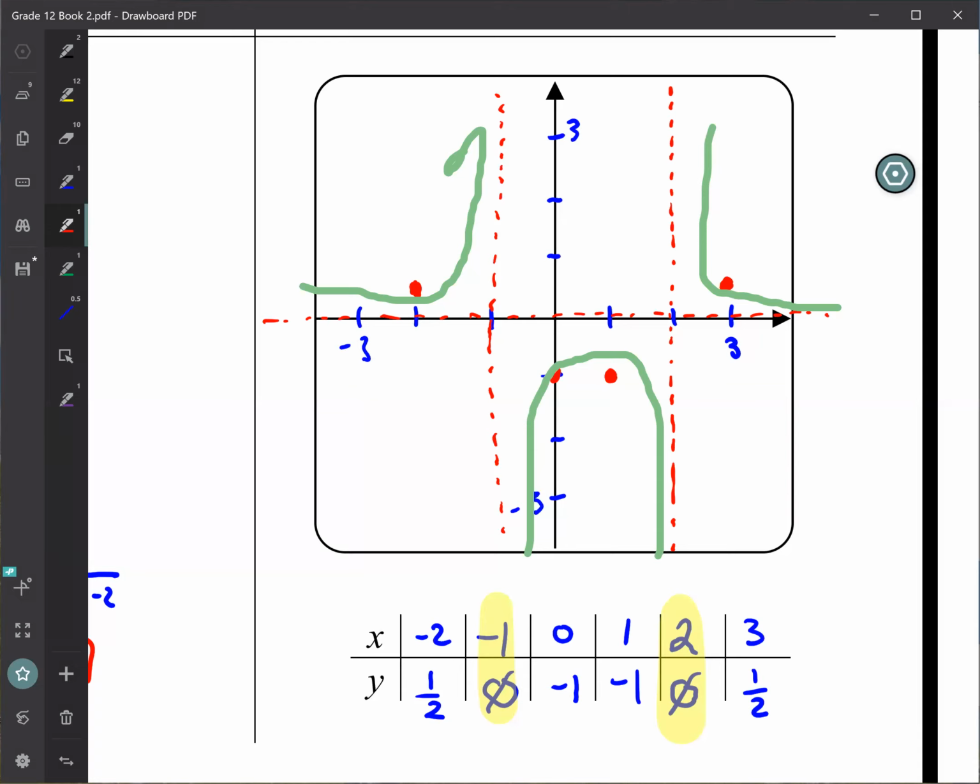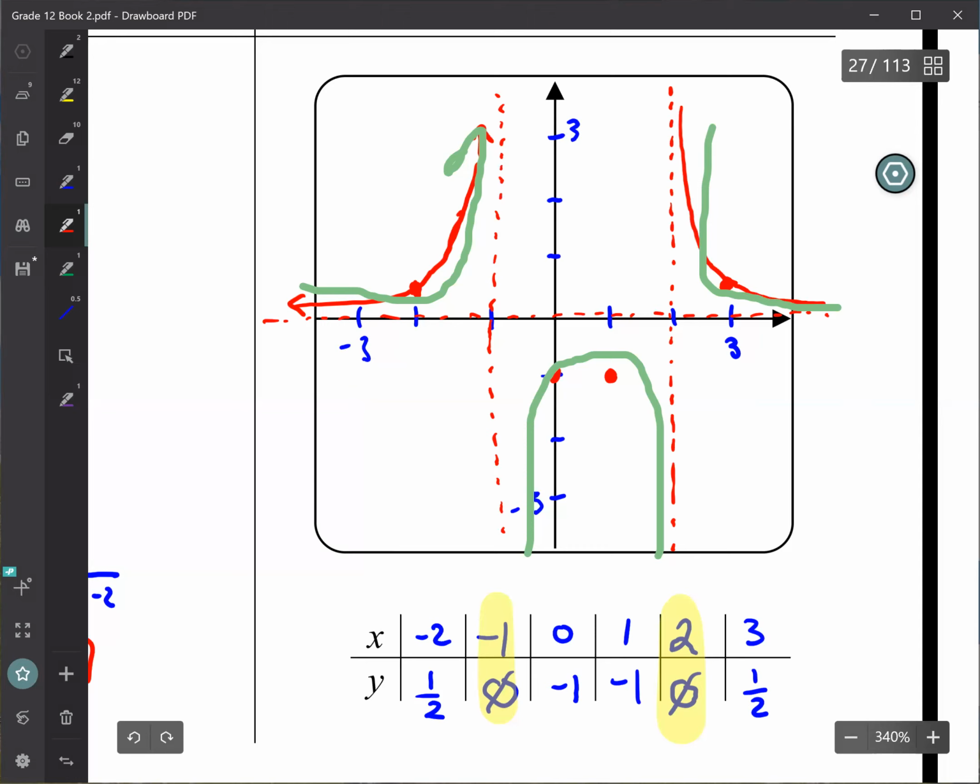Then you'll be fine. So for the left one, the top left corner, it bends like that, right? And then for the right side, it gets closer and closer to both asymptotes, okay? The more tricky one is the one in the middle, okay?